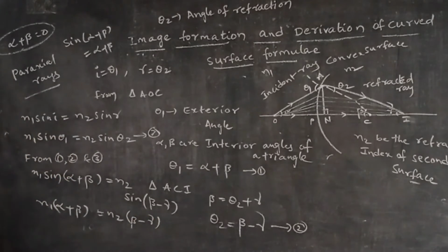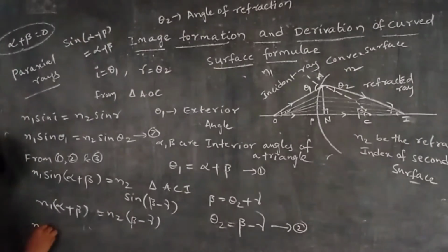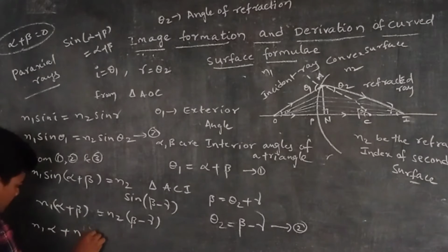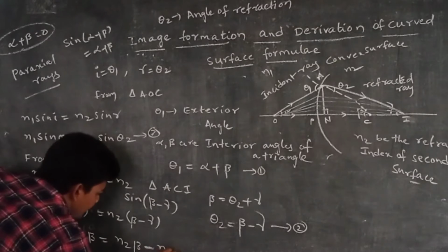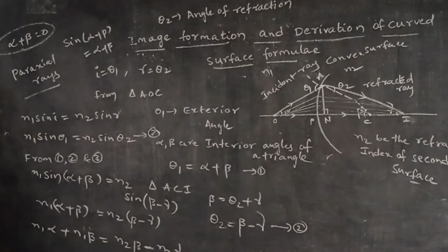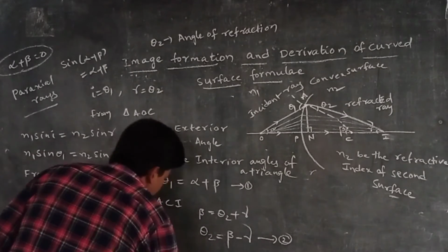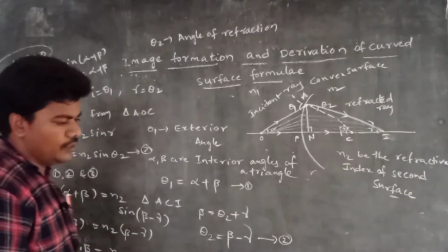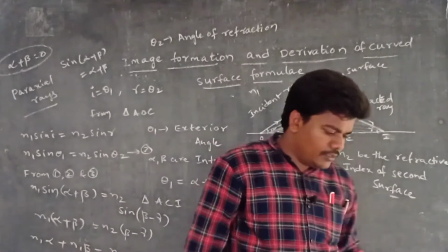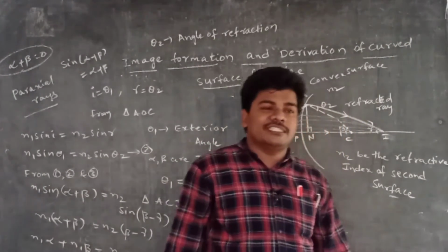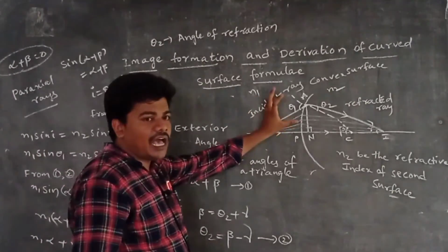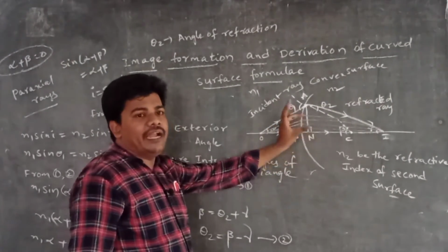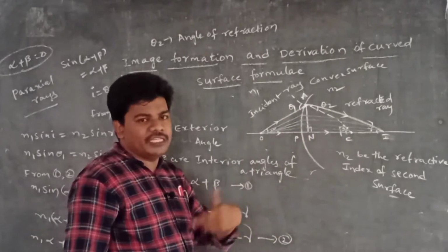From this equation, n1 alpha plus n1 beta is equal to n2 beta minus n2 gamma. Okay, do you understand? For example, this is considered as equation number 4. Next, since all angles are small, because of these paraxial rays all coming towards the principal axis, the angles become very small.